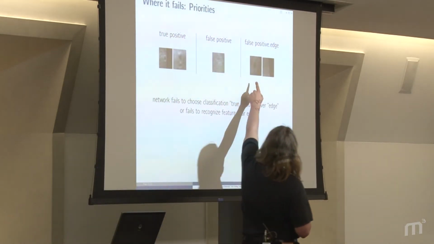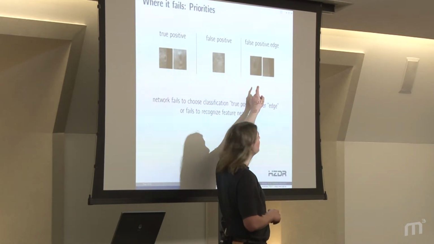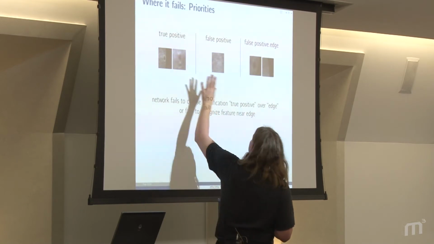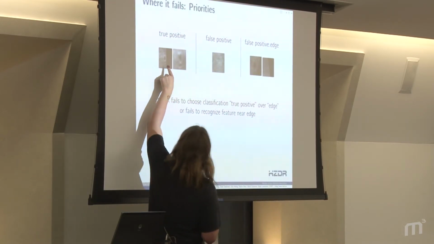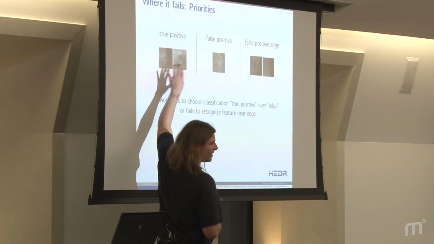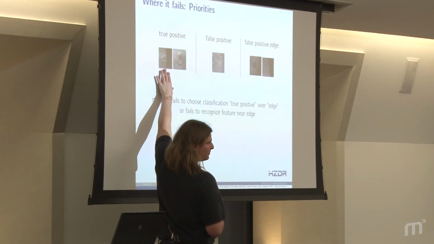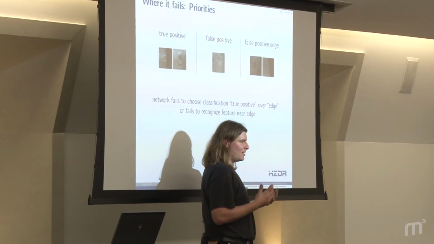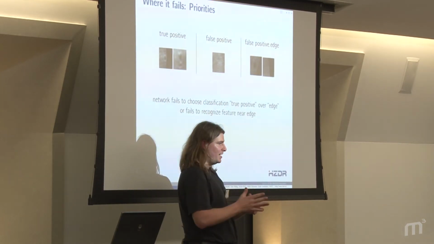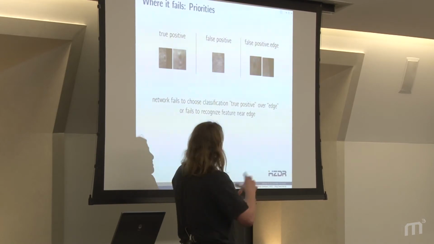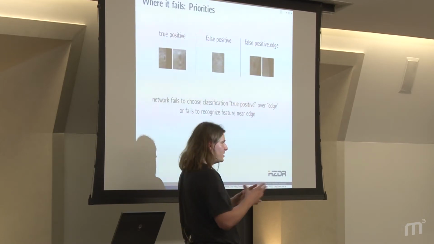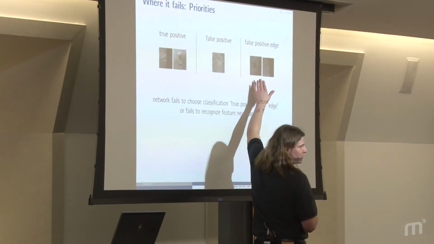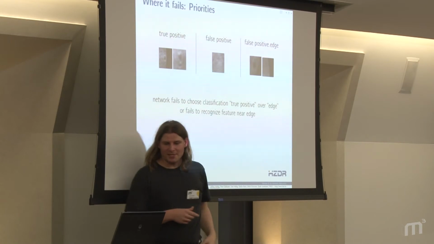And this feature, which we reserved for the validation set, is classified partially wrong, because that should be a true positive, because we are always classifying everything which shows a true positive and an edge as a true positive. So the network should learn this, and it learned it for this one. But apparently there weren't enough examples of a feature with an edge to teach it to say, okay, if it's an edge and a feature, then it's a feature. That's the important thing. So this is technically correct, but it's not really what we want to have.